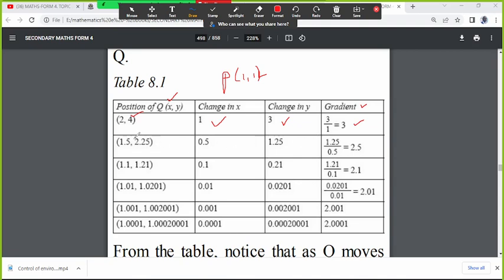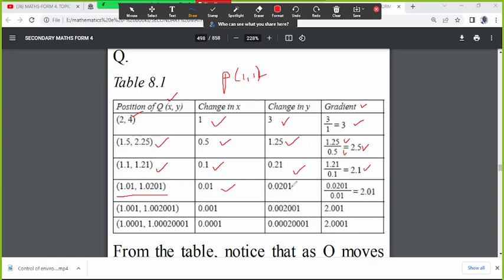As Q moves closer to P, we have change in x, change in y, and the gradient, change in y over change in x, is equal to 2.5. You do the same, and we get a gradient of 2.1. When Q is moving very close to 1, 1, now it is 1.01, 1.0201.